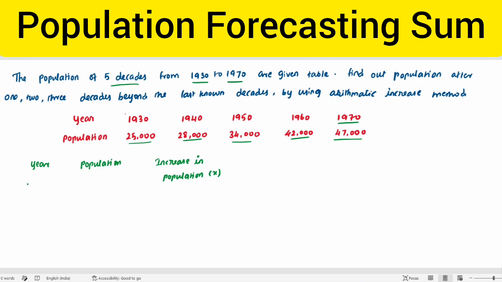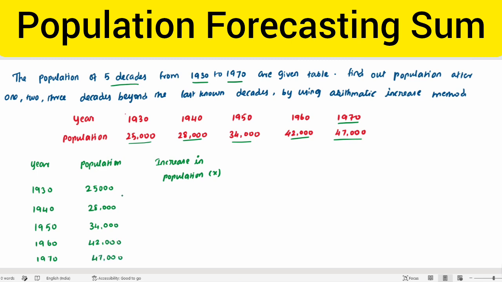So now we can write it as the years 1930, 1940, 1950, 1960, 1970, and the corresponding population 25,000, 28,000, 34,000, 42,000, 47,000.